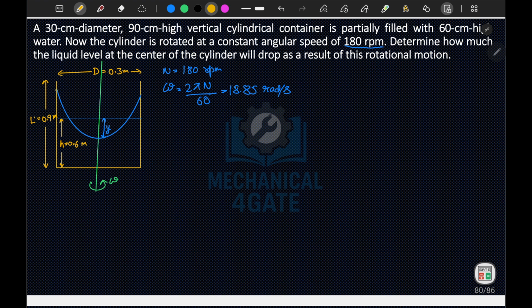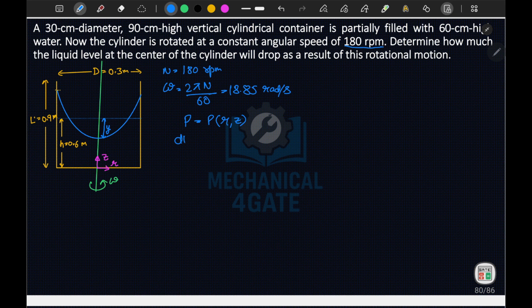And so we will write your pressure equation. So pressure, in case of rotation, is a function of your r and z. Let's say from here we will mention r, and upward from here we will mention z. So your pressure is a function of r comma z.